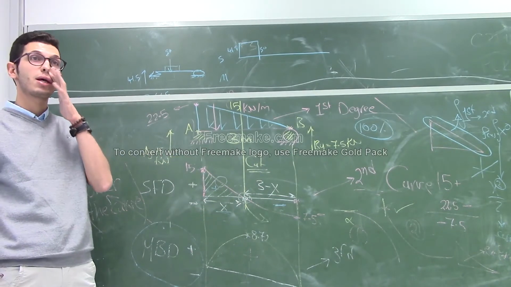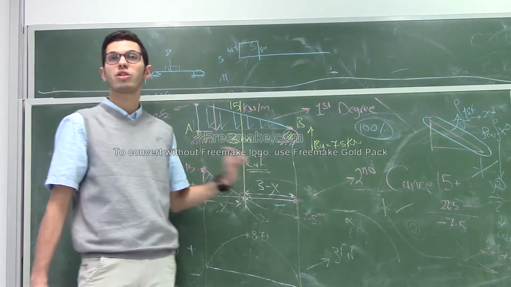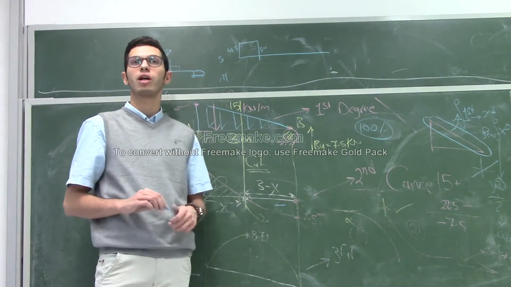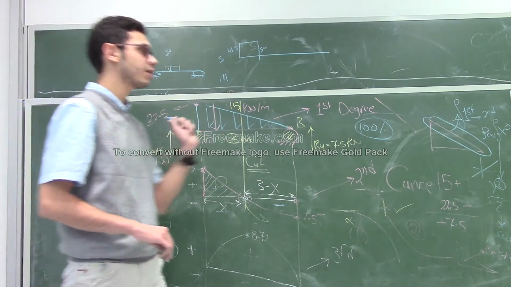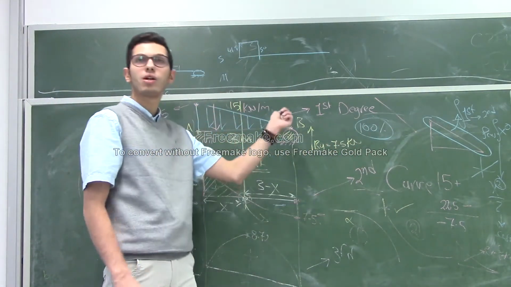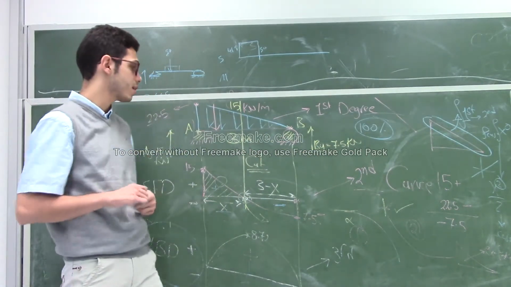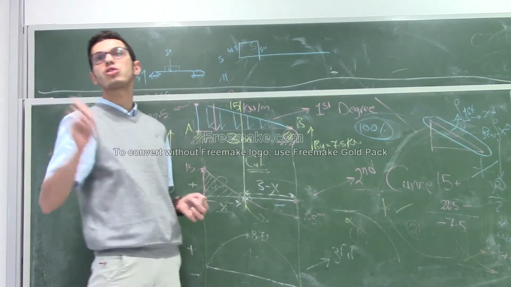Because sometimes your solution will be incorrect, the shear ends with a 0, but the moment does not end with a 0. So the rule says that if the shear ends with a 0, that doesn't mean that your solution is correct.